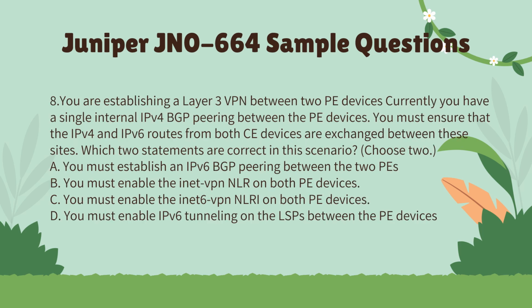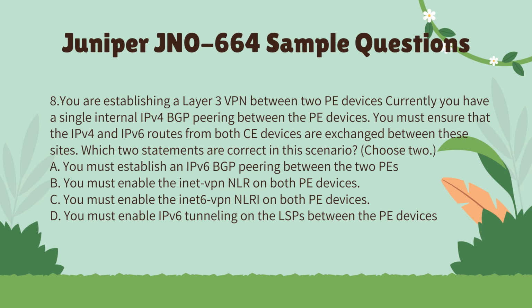8. You are establishing a Layer 3 VPN between two PE devices. Currently you have a single internal IPv4 BGP peering between the PE devices. You must ensure that the IPv4 and IPv6 routes from both CE devices are exchanged between these sites. Which two statements are correct in this scenario? Choose 2.